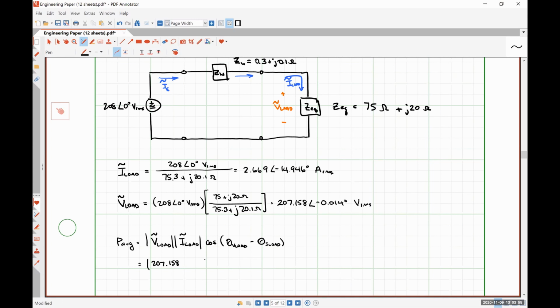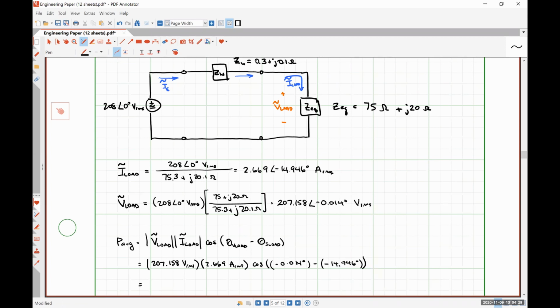207.158 volts RMS times 2.669 amps RMS times the cosine of negative 0.014 degrees minus negative 14.946 degrees.